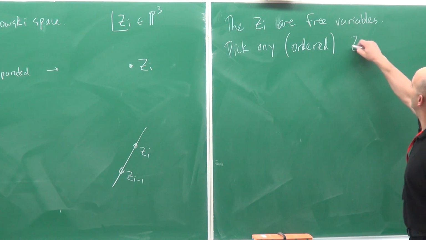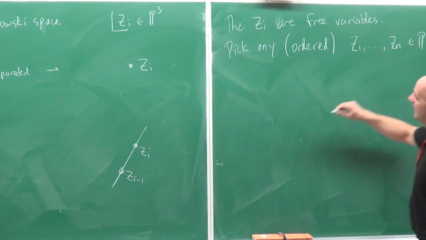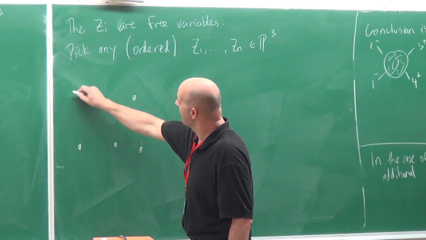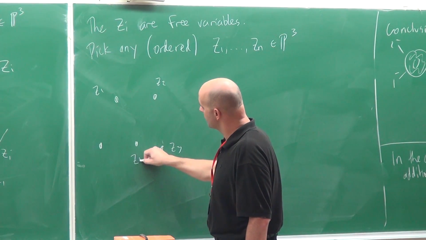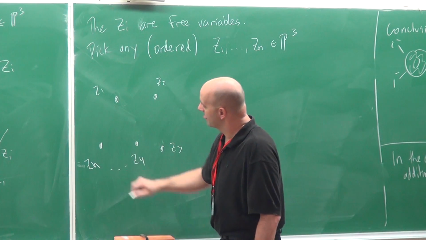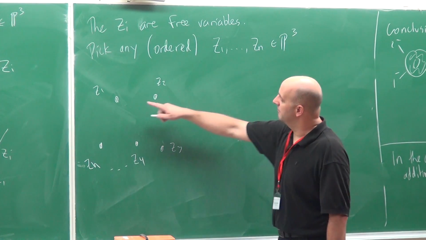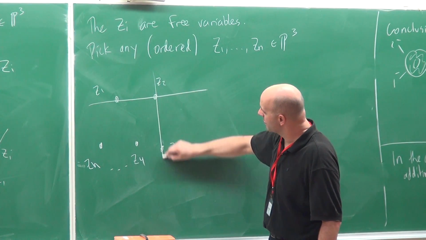Pick any ordered points, z1 to zn, in P3. They can be anything you want. And then you draw the line between each point and its cyclic neighbor.